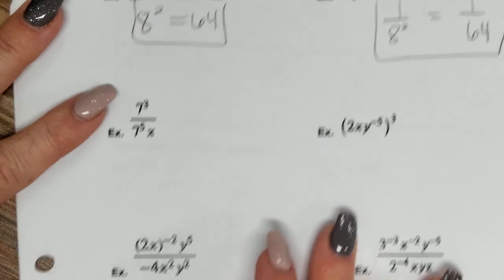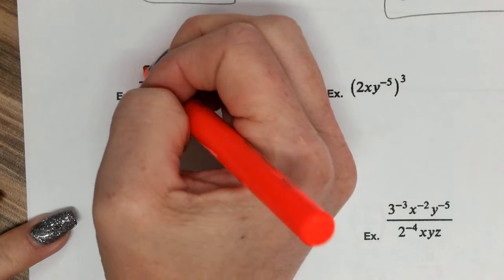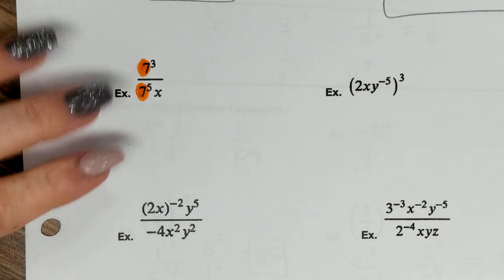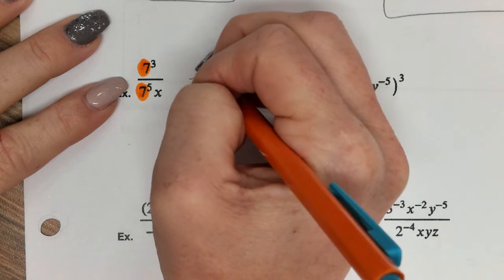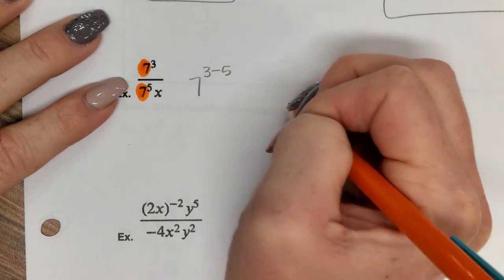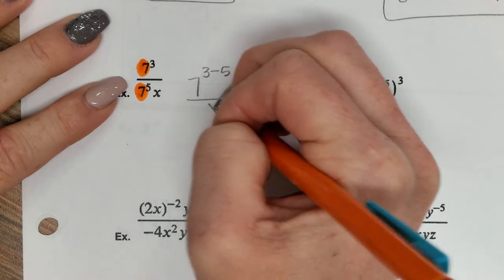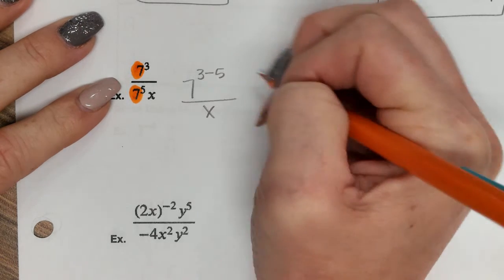All right, let's look at the next one. Do you see two bases that are the same? Yes. So what would I do with those exponents since it's a quotient? Subtract. So I have 7 to the 3 minus 5. And where is x going to stay? On the bottom. What is 7 to the 3 minus 5?